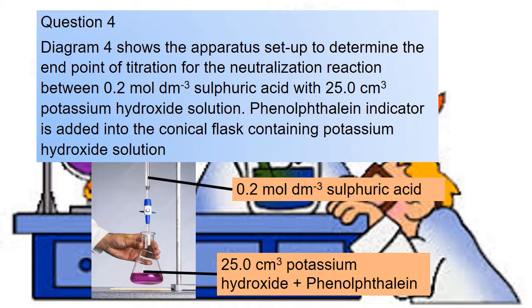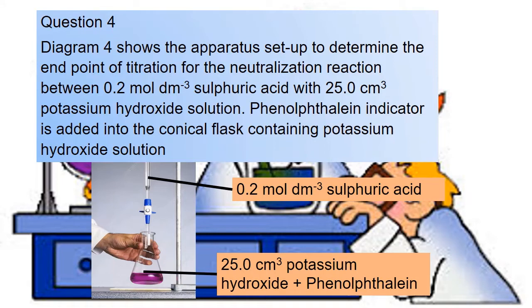Question 4. Diagram 4 shows the apparatus set up to determine the endpoint of titration for the neutralization reaction between 0.2 molar sulphuric acid and 25 cm³ potassium hydroxide solution.